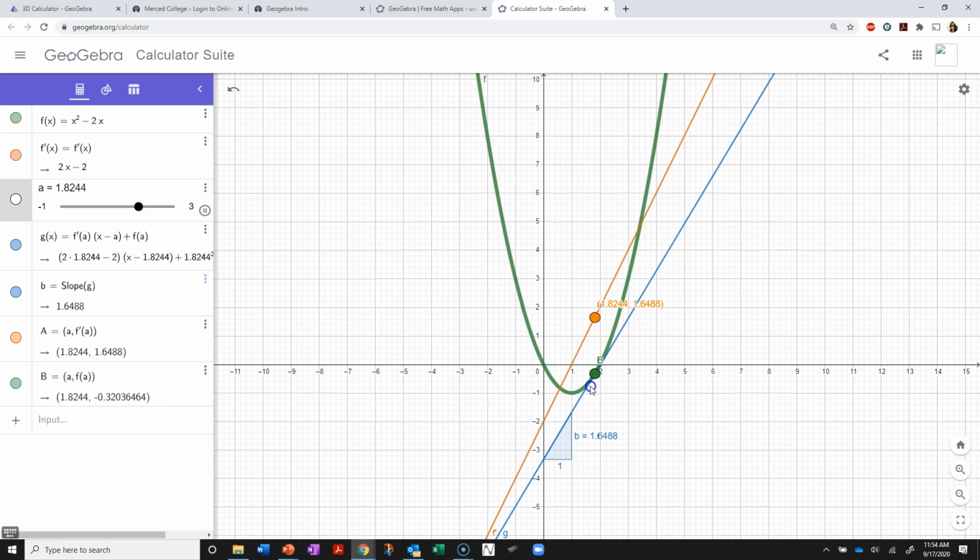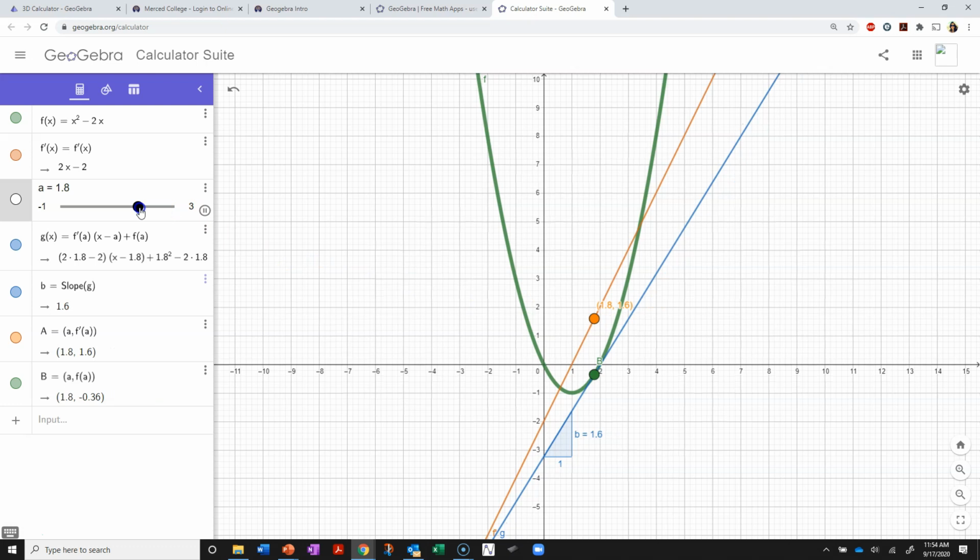So as I'm changing that point, the tangent line is changing. The slope of that blue line is collected and plotted as a point on this orange curve. So as I move this slider, I can see that the y values of the orange point and the blue point match up perfectly.